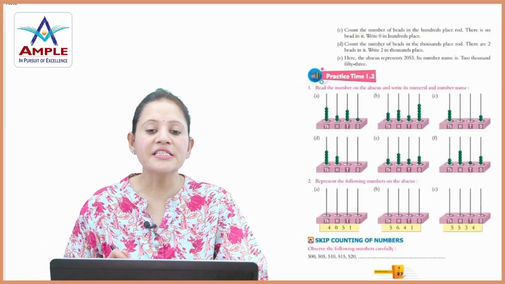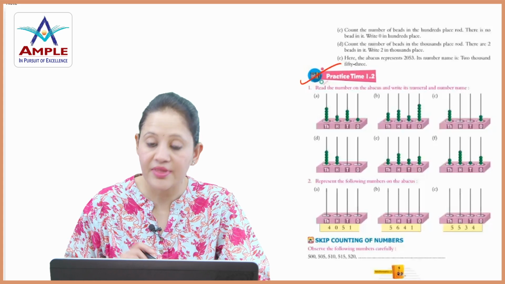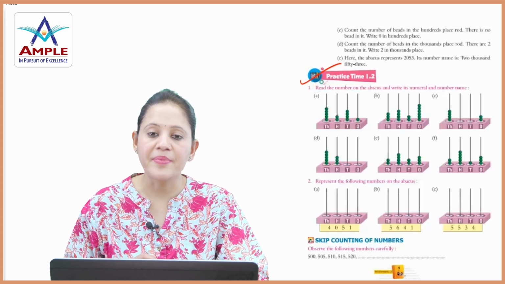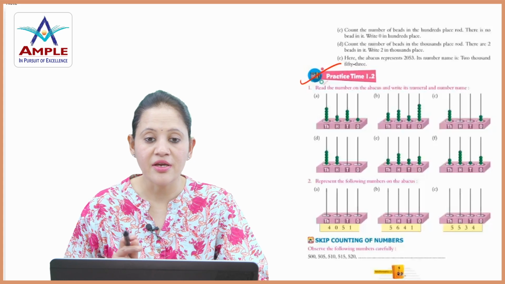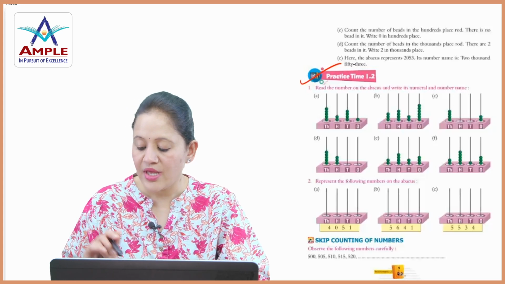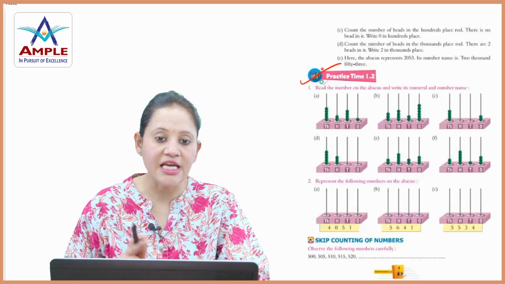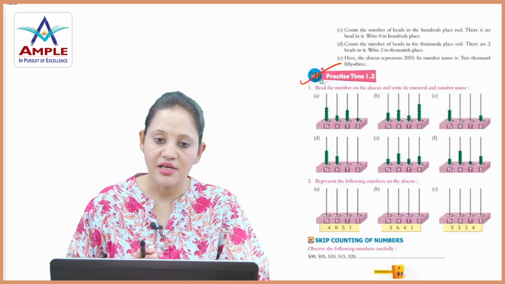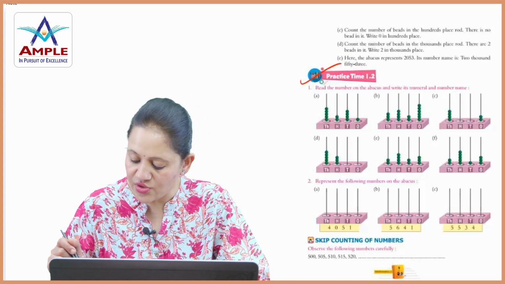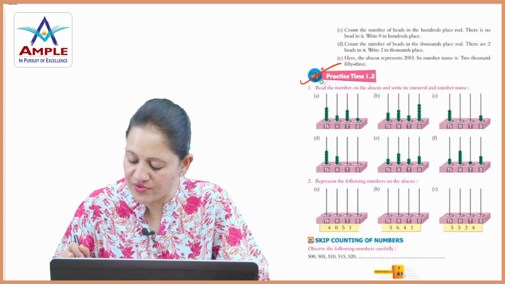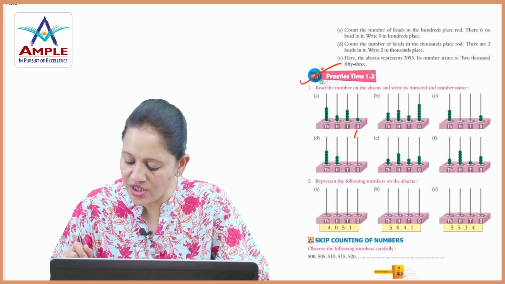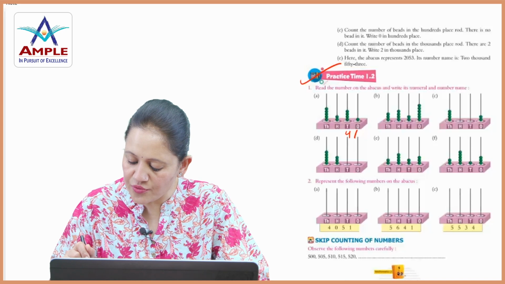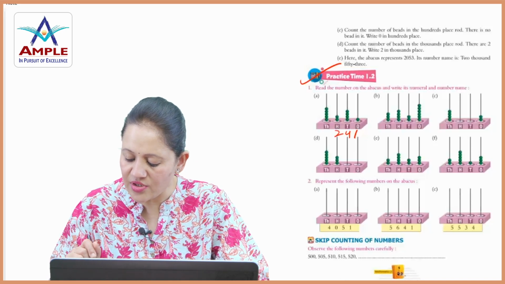Next, practice time 1.2. Read the number on the abacus and write the numeral and number names. So now what do we have to do? We have to count the beads and write the numeral and its number name. How many beads? 1 bead, so we'll write here 1. Now move to the tens: 1, 2, 3, 4. 4 beads, so we'll write here 4. 2 beads, so number 2.